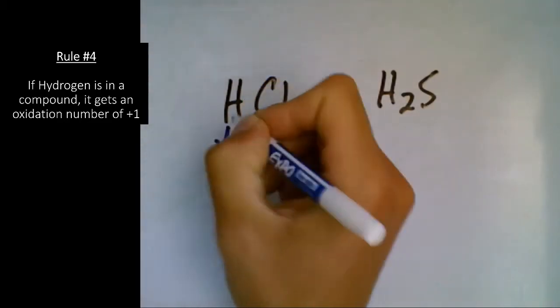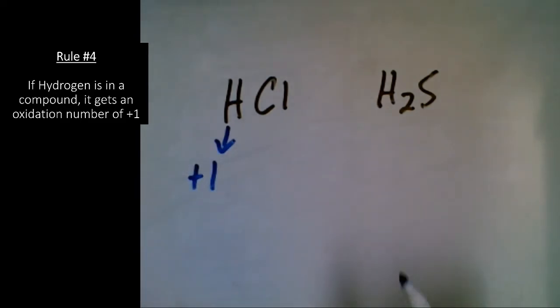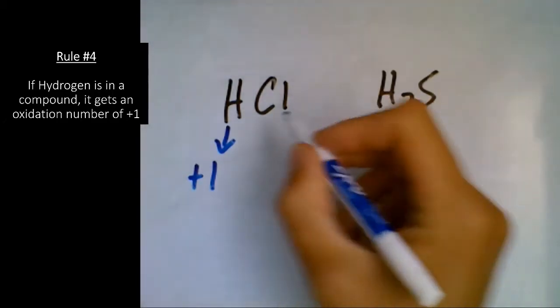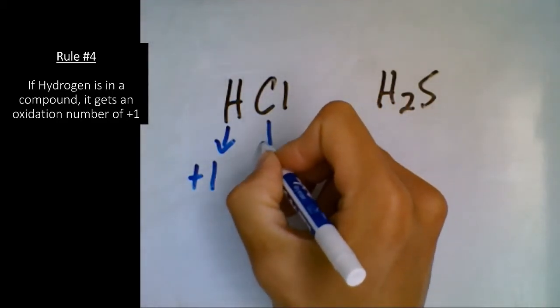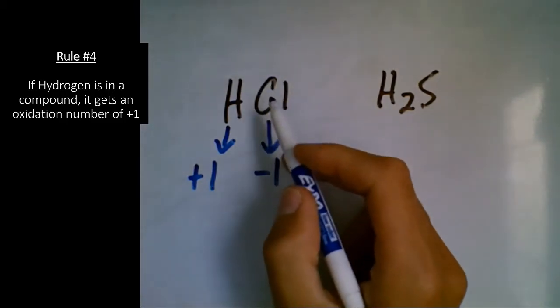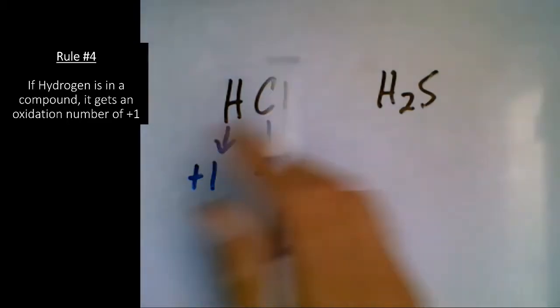In HCl, the H is going to give up its electron. We know that because H gets an oxidation number of +1. That means if it's giving up its electron, it has to give it up to the chlorine. And so the chlorine is going to get an oxidation number of -1.